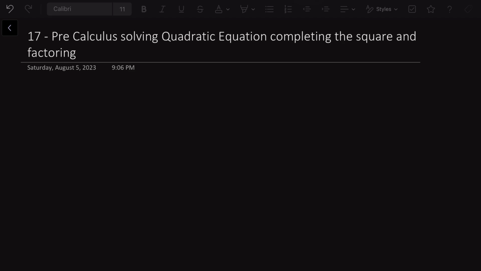So in order to do that, we're gonna just go straight to a problem. So the first problem, it said solve the quadratic equation.